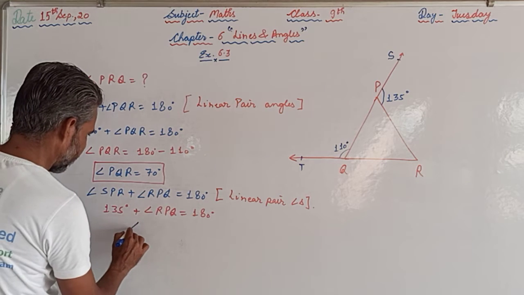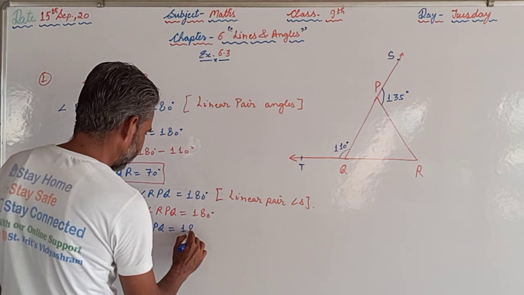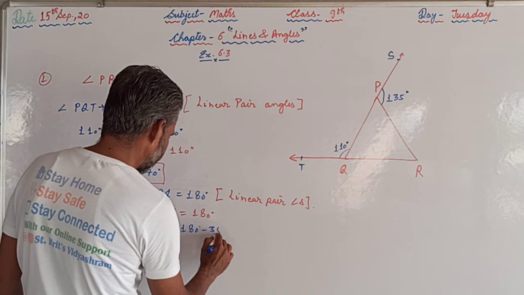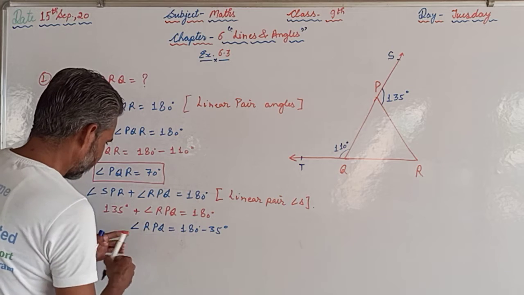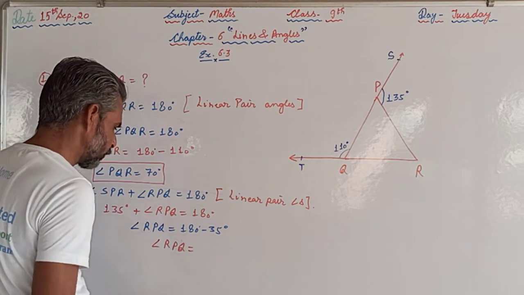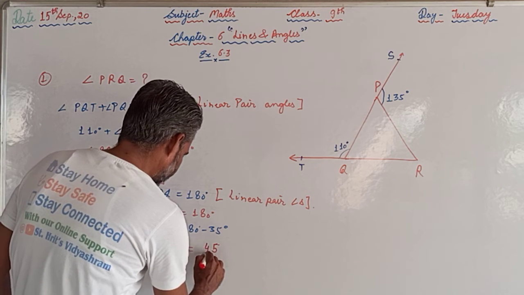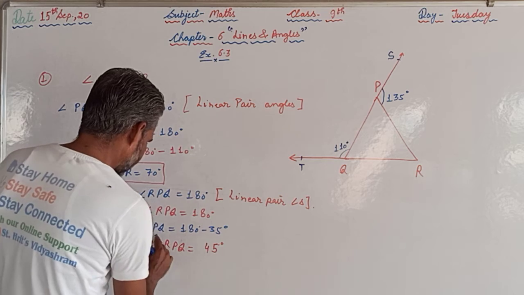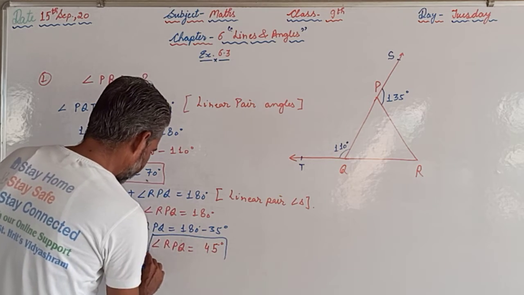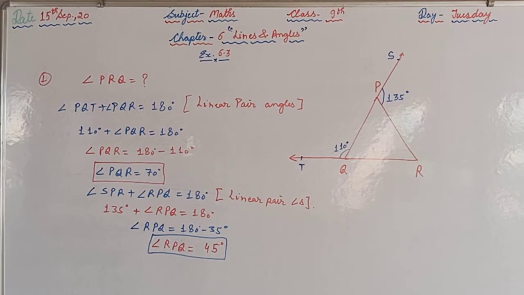From here we can write angle RPQ is equal to 180 degree minus 135 degree, and angle RPQ will be equal to 45 degrees.